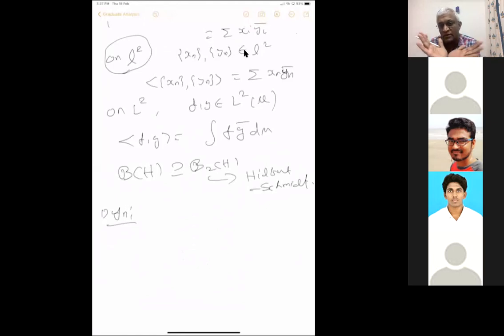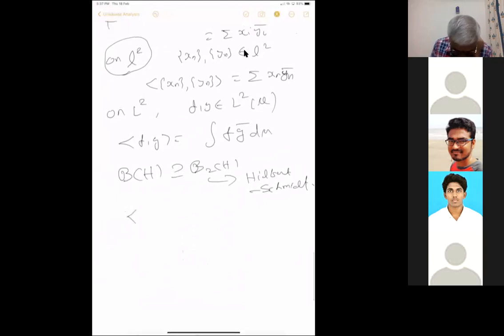Without an inner product there is no right angle, no concept of angle. The inner product is something which defines the concept of angle. For instance, if you have two vectors x and y in H, then you can define the angle between them by norm x times norm y times cos theta equal to the inner product of x and y.